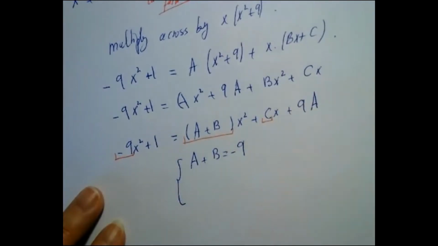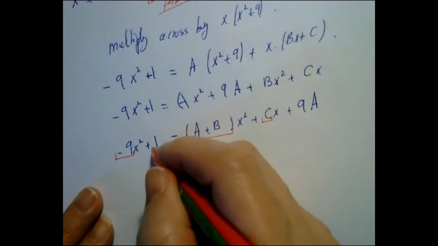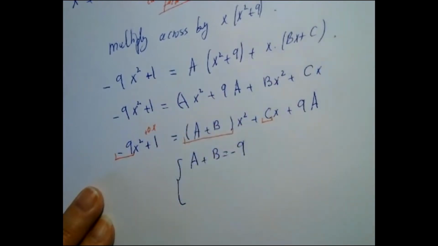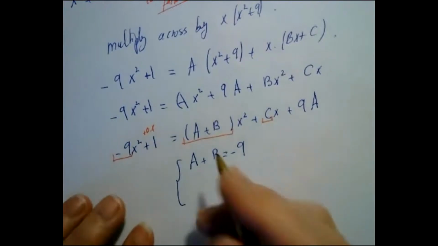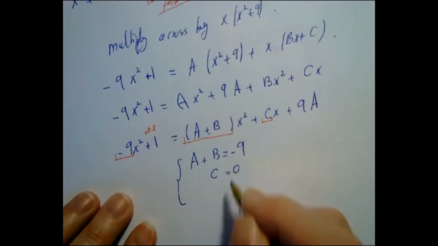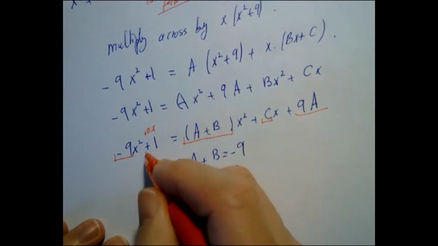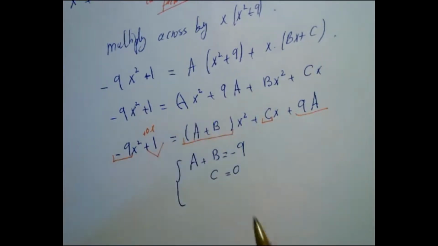Coefficient of x here is C. Here there is no coefficient. It means that the coefficient is 0. So this will give me that my C will have to be 0. Finally, the constant term here is 9A. I want this to be equal to 1.